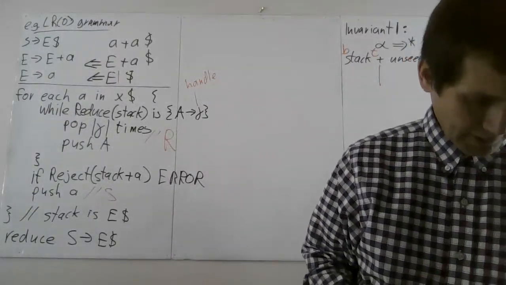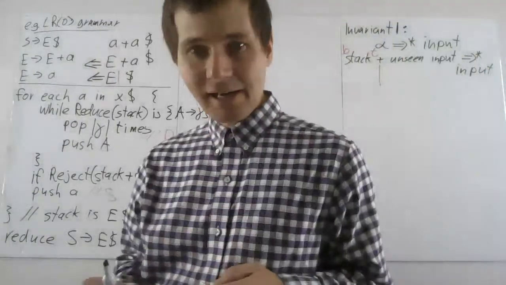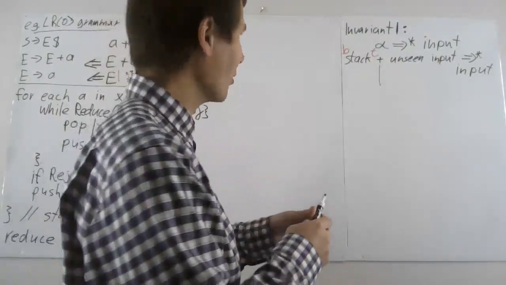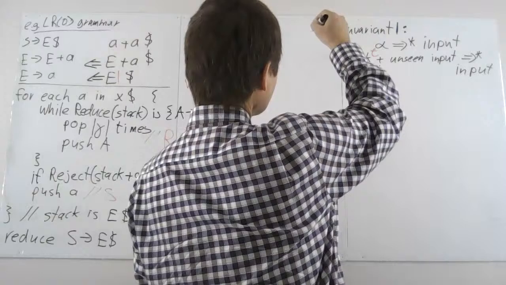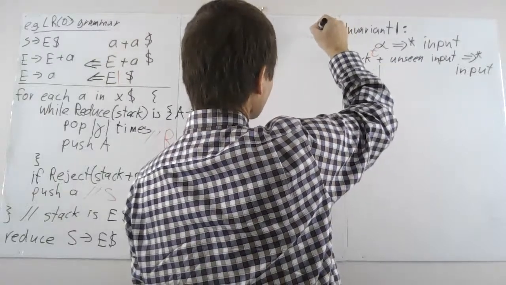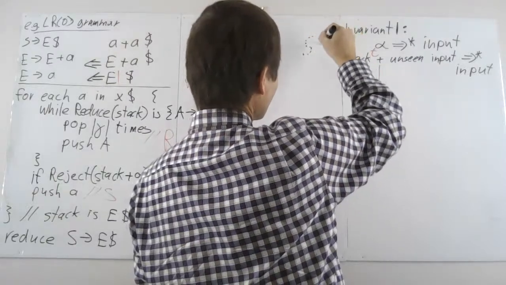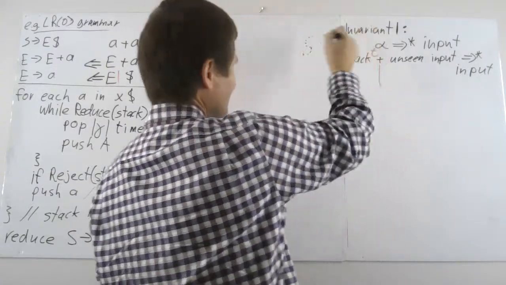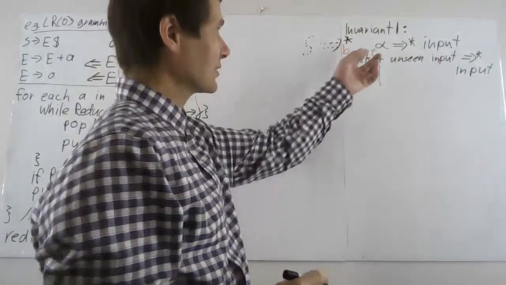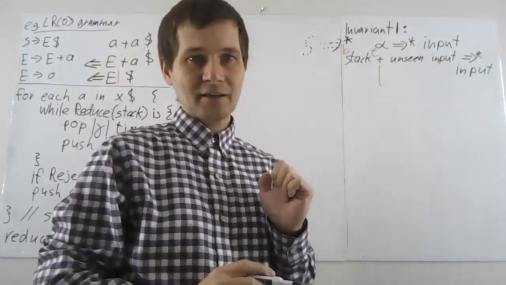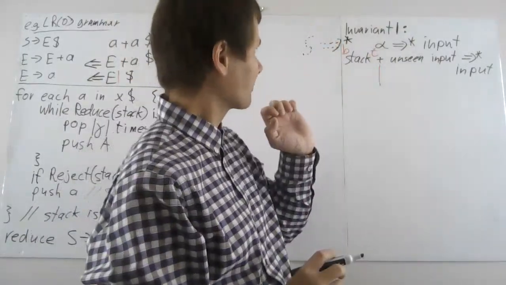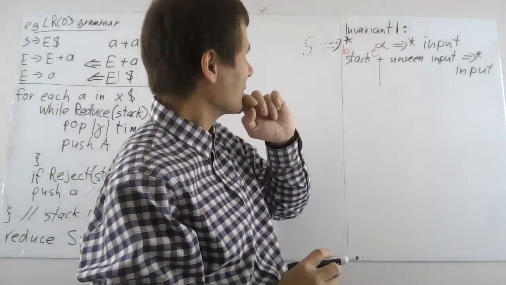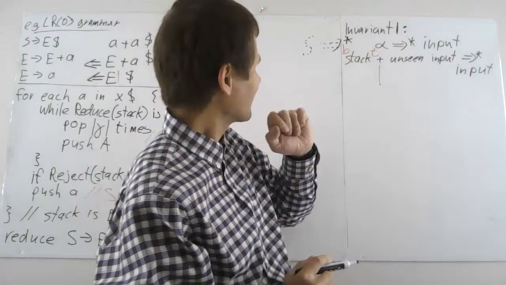All right. So I talked about hope, and the thing that we're hoping for is that the start symbol of the grammar derives alpha. That's the hope. And we're going to base our invariant 2 on that hope.